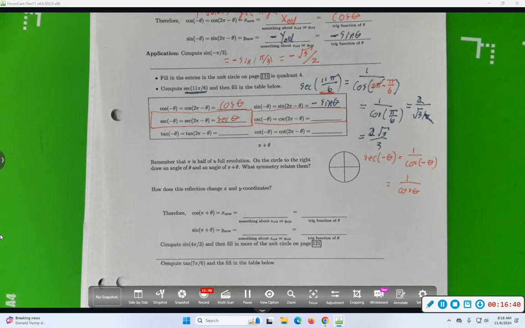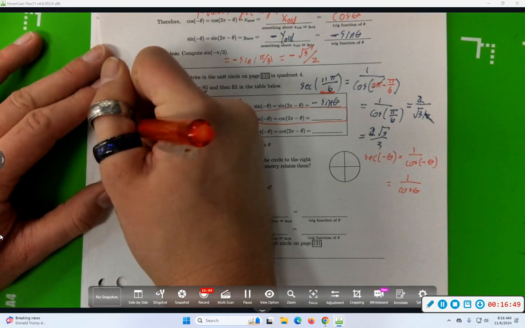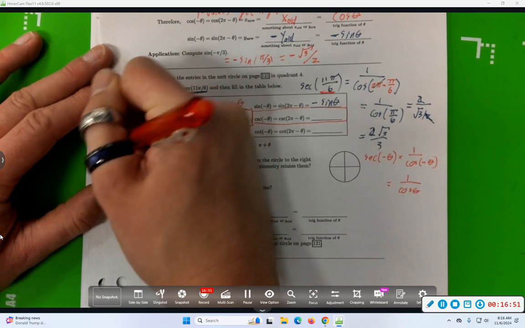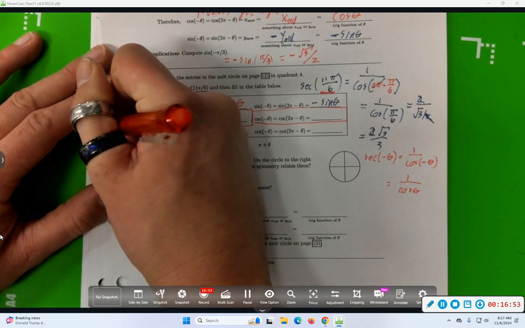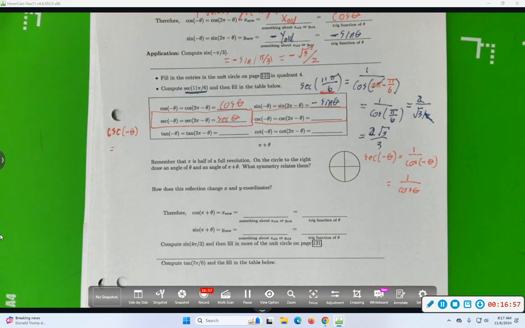Do people feel stuck on the computation, like they want to see me go through one more example? Okay, cool. Let's do it. So, let's try to compute cosecant of minus theta. The first thing I want to think about is cosecant. What is cosecant? 1 over sine.